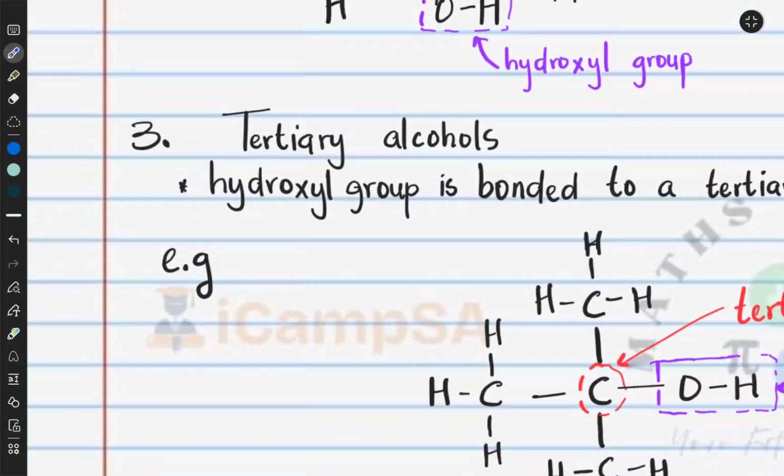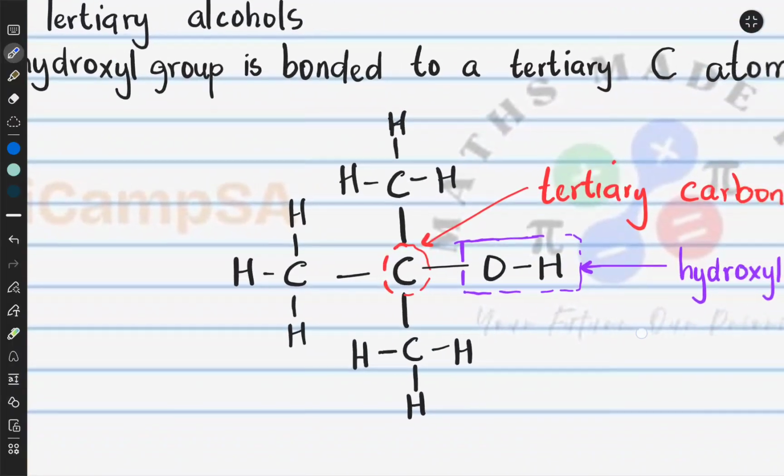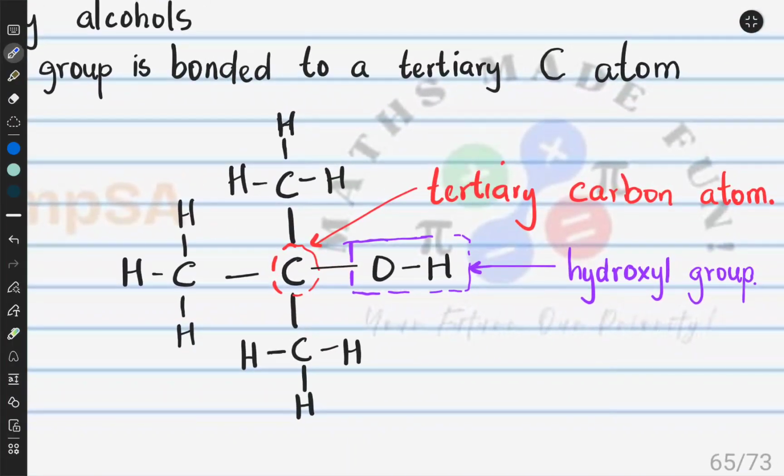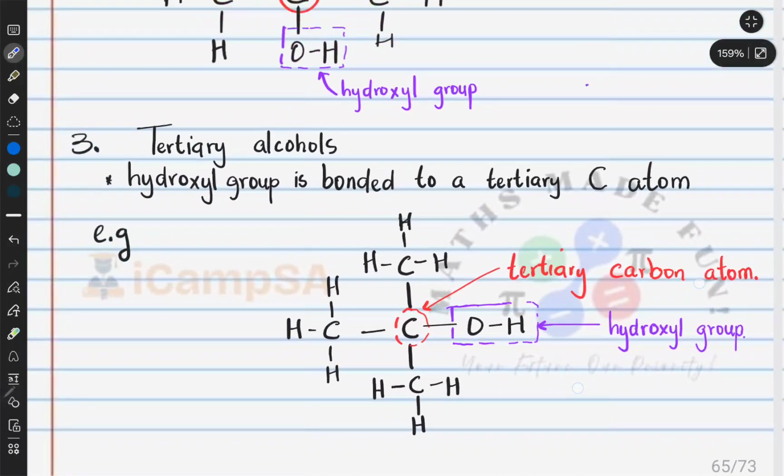And then another type of alcohols is the tertiary alcohols, where the hydroxyl group is bonded to a tertiary carbon atom. If you check here, we have our hydroxyl group bonded to this carbon atom, and that carbon atom is in turn bonded to 3 other carbon atoms. All right, which makes this a tertiary alcohol.